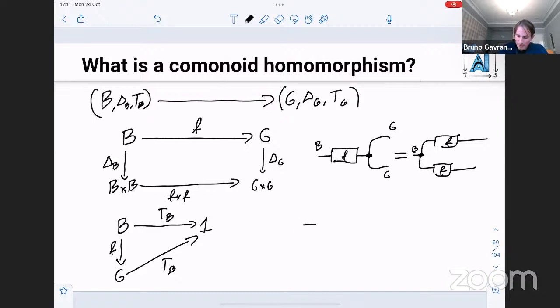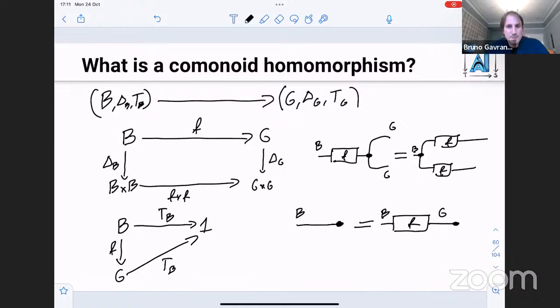In a graphical language, that means this. If we started from B and deleted it, this should be the same as starting from B, applying F, and then deleting our information.